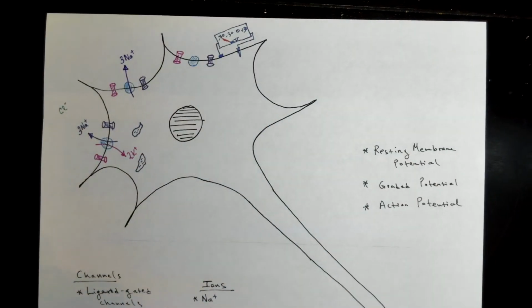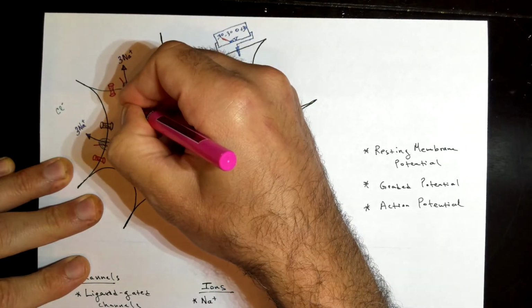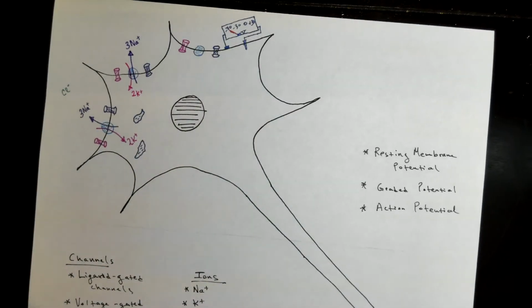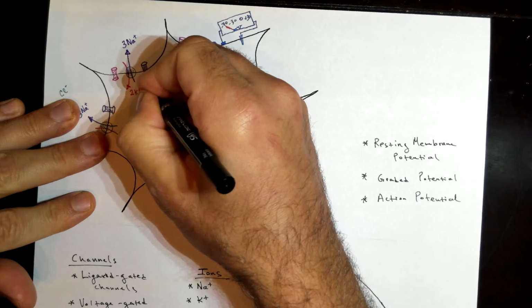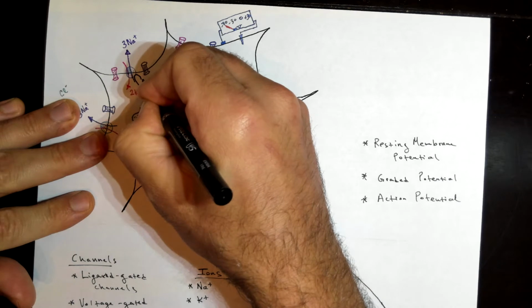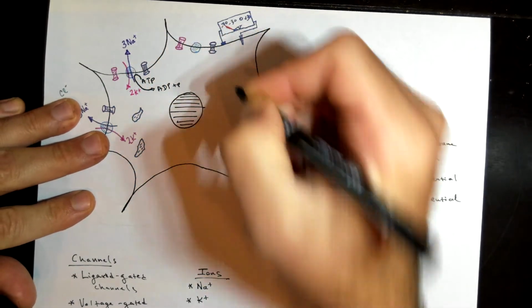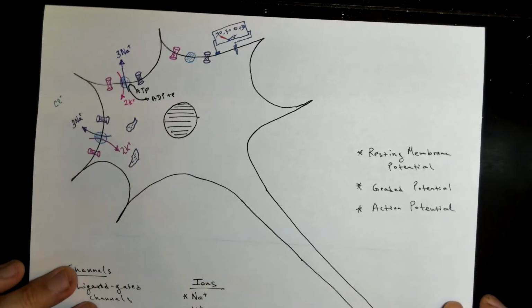It also takes 2 potassiums and pumps them into the cell. Now it does this using energy. So let's not forget that this is using ATP, and that ATP gets converted to ADP plus P. And that's where the energy is coming from, through that ATP hydrolysis reaction.